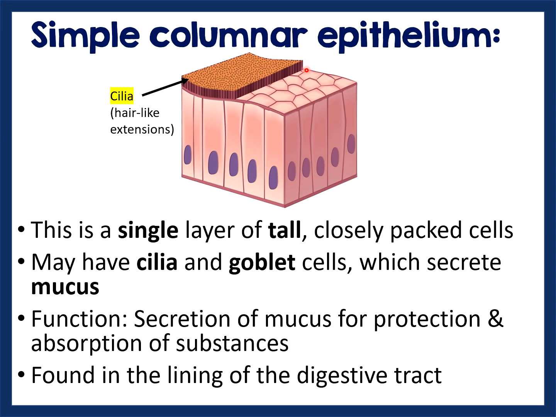And so these guys are going to be able to grab those nutrients, and those nutrients can then get processed in any way it needs to be before it is absorbed by the blood and used by the body. So think of absorption for the simple columnar epithelium.